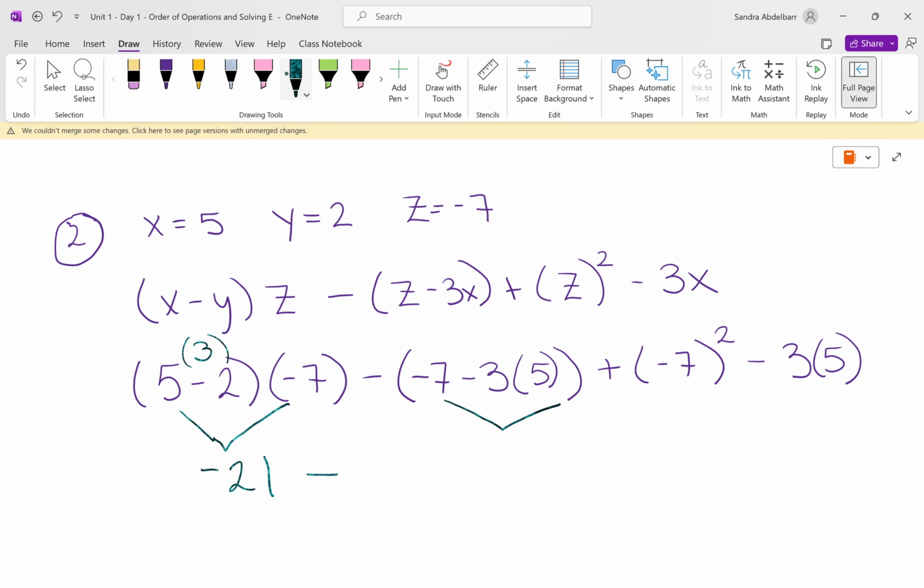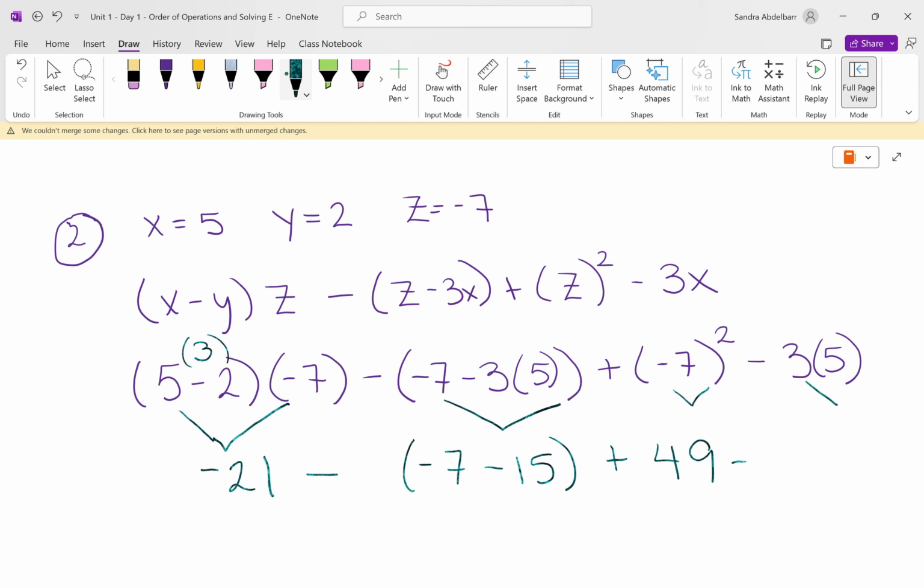And now I'm working inside these parentheses. Within these parentheses I have subtraction and multiplication, so I'm going to multiply. 3 times 5 is 15. So we have negative 7 minus 15.